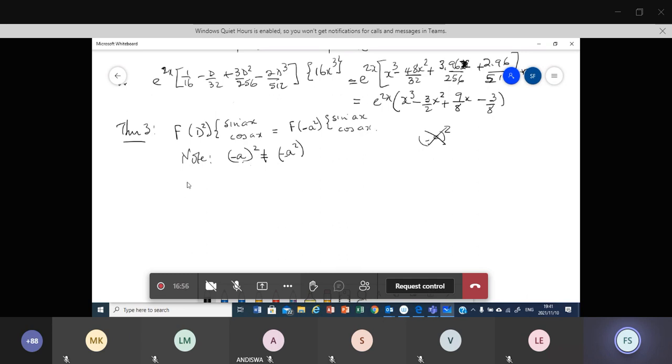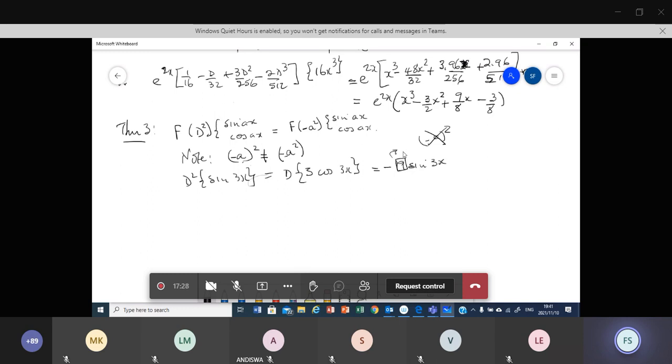For instance, d squared of sine 3x. What is the meaning of d squared? It means differentiate it twice. So what is the first derivative? It's 3 cos 3x. Do it once more. Derivative of that, another 3 comes out. But the derivative of cos is minus sine. So it's minus 3 times 3. It's minus 9, back to the original function, sine 3x. There is the a that I was talking about.